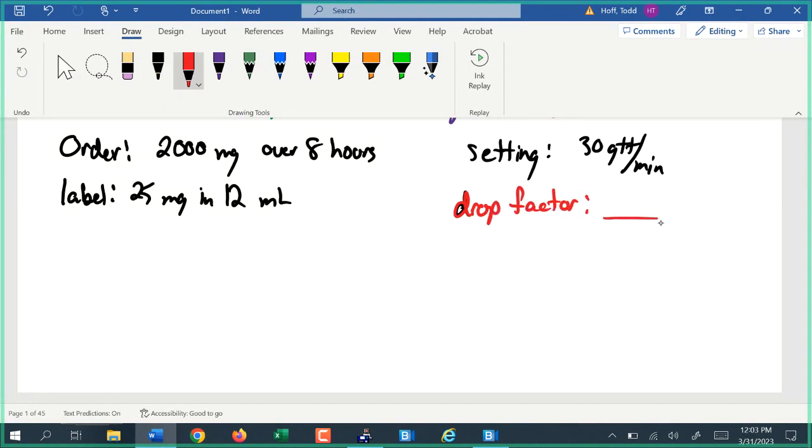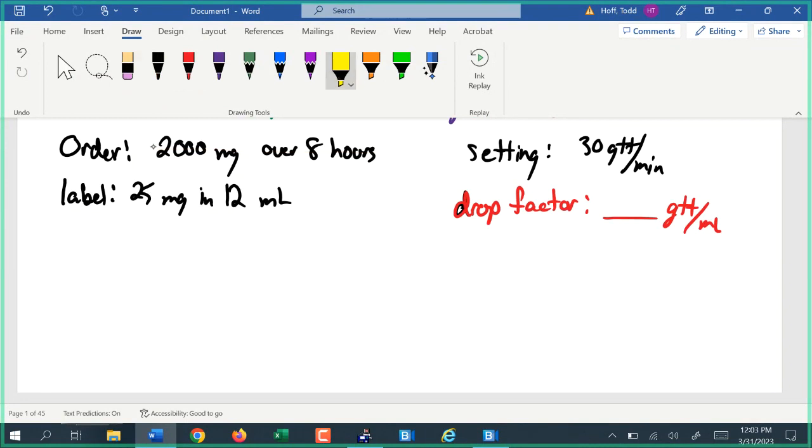So in order to set up the new infuser, we're going to need that drop factor, and it's going to be in drops per milliliter. So now here again, we could start with anything. Let's go ahead and start with the doctor's order since that's what we're so used to starting with.